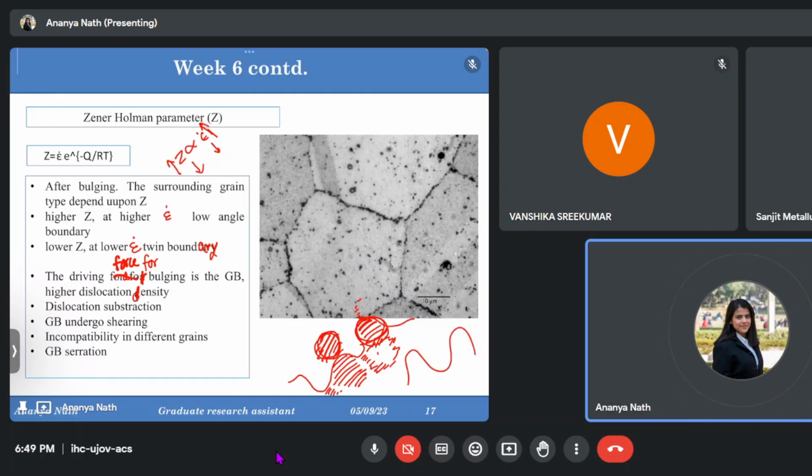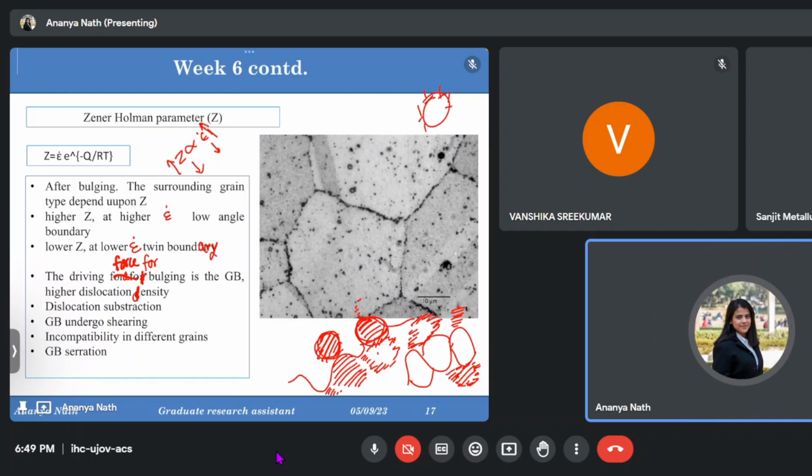So if there is a grain and at the grain boundary the dislocations have gathered, and somehow for their higher density and the cold working they are getting arranged and making some cell structures, then there will be some lattices present inside the cell structure. So obviously dislocations are also nothing but lattices, the extra half plane.